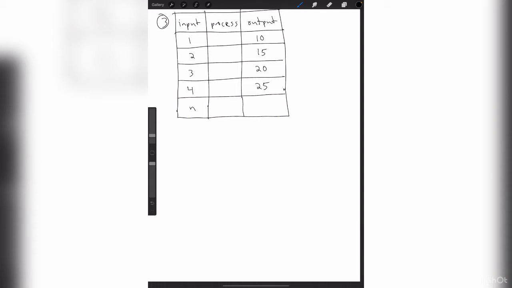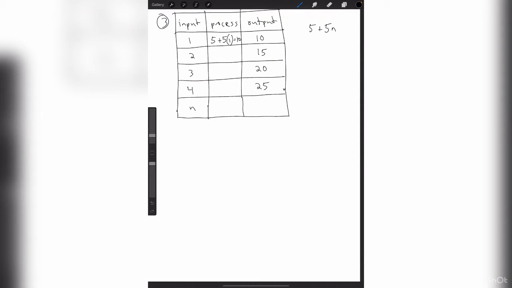So it looks like each time, if I'm looking over here, I'm starting with 5, okay? Then I'm going to add 5 to what I already had. So 5 times n. So I started with 5 in the beginning, and then I'm going to add 5 times n, which in this case is 1, and that should equal 10. 5 times 1 is 5, and 5 plus 5 is 10.